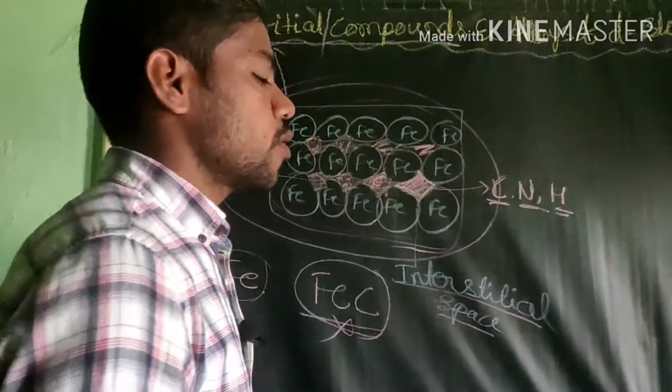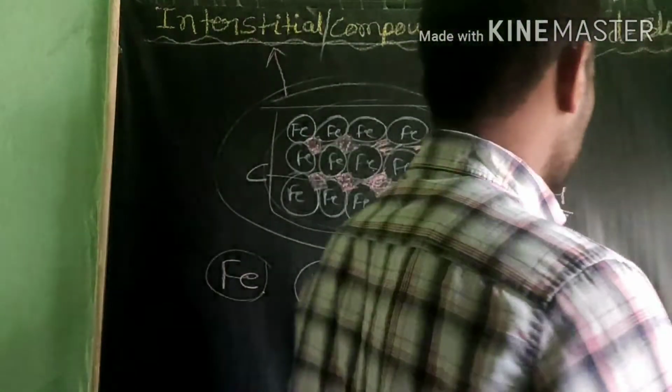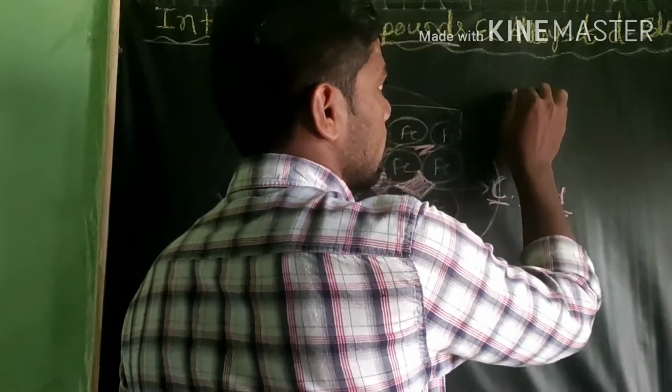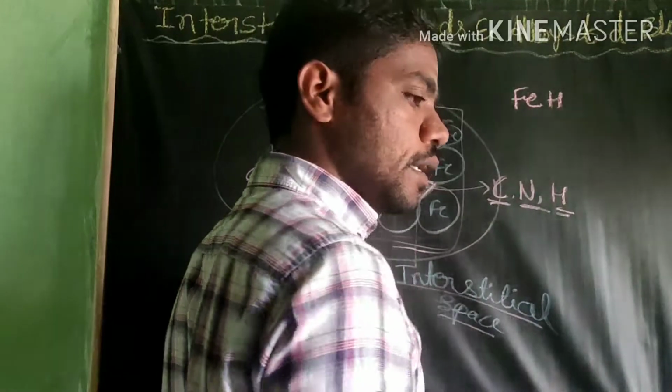Like this, they show alloy formation. An example for this is iron hydride.